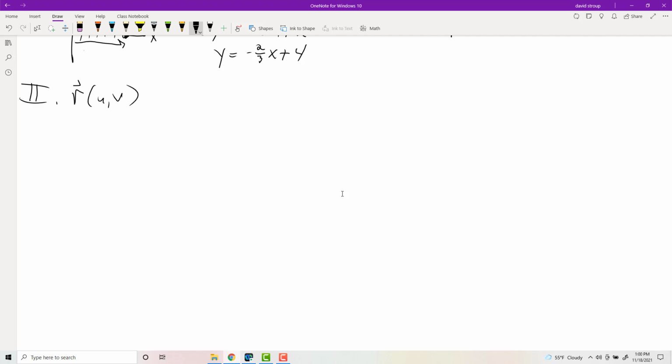So the surface integral in this case will, again, be the integral of f of x, y, z dS. So you're integrating that function on the surface, and then to integrate it, we're going to reparameterize everything in terms of u's and v's.